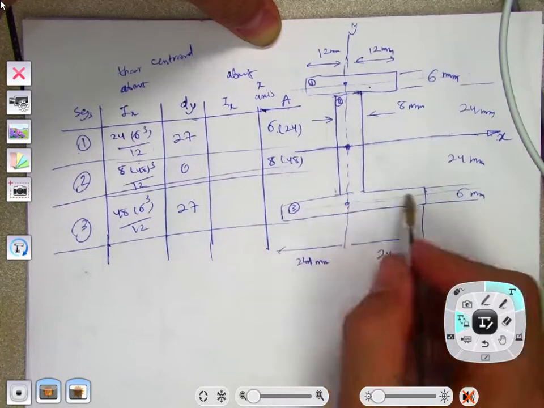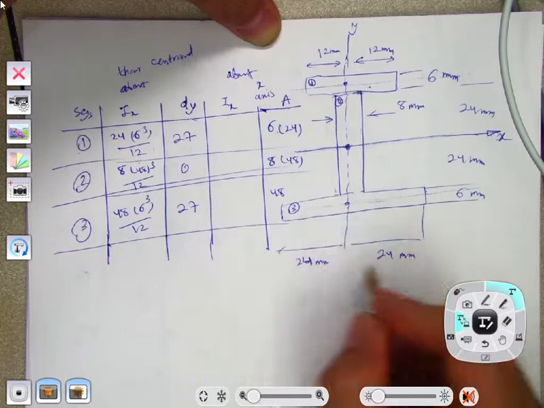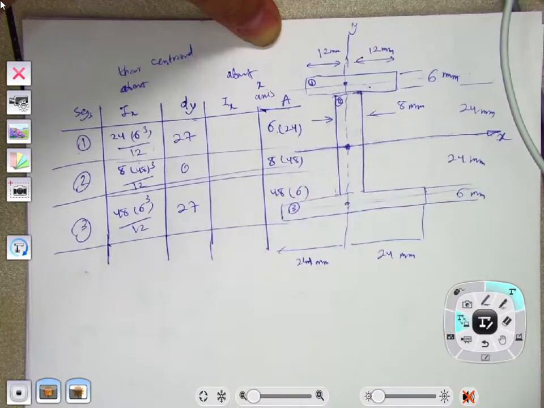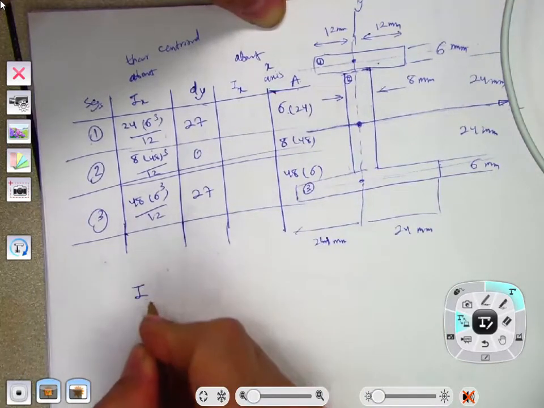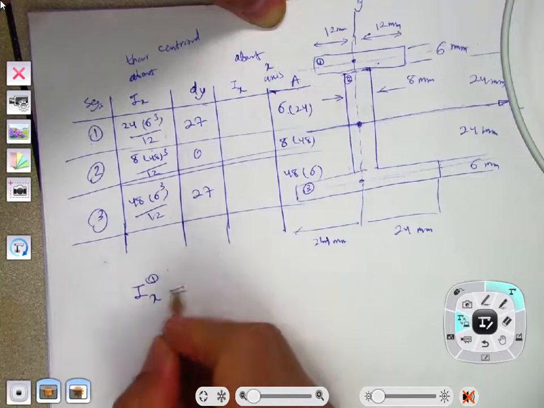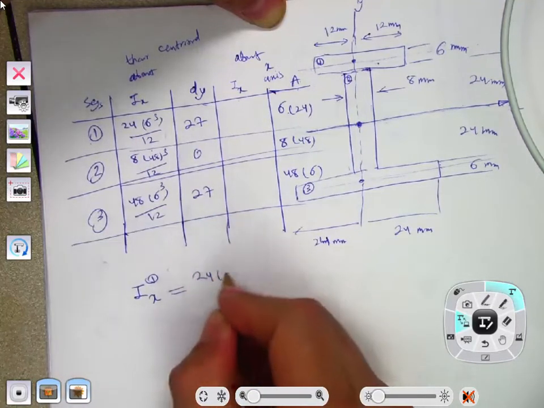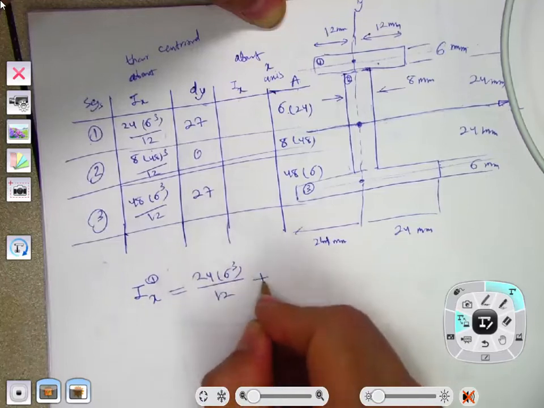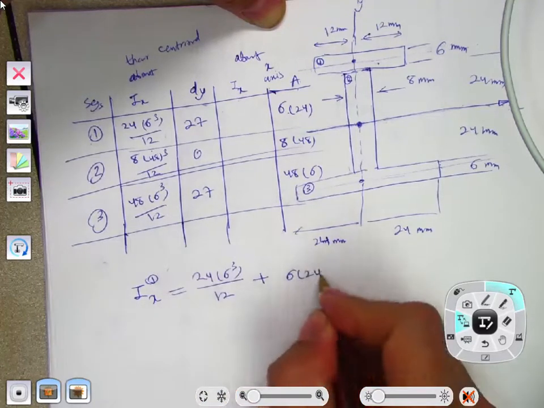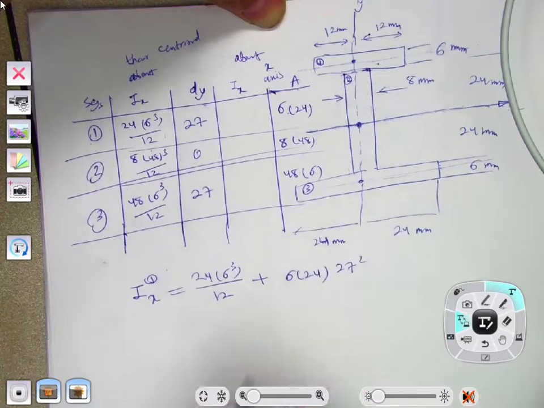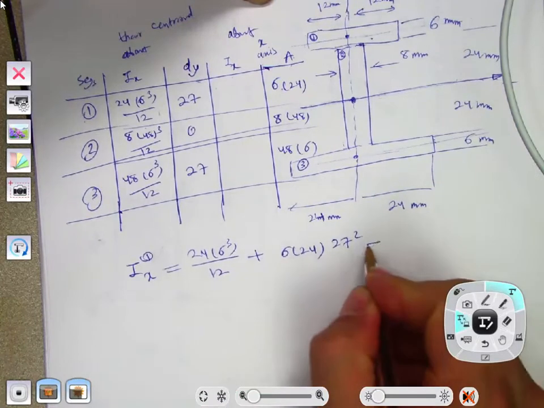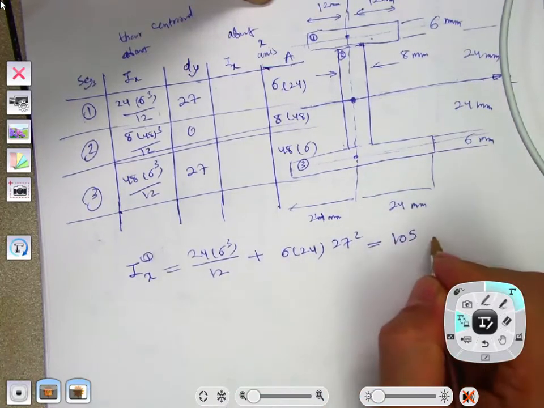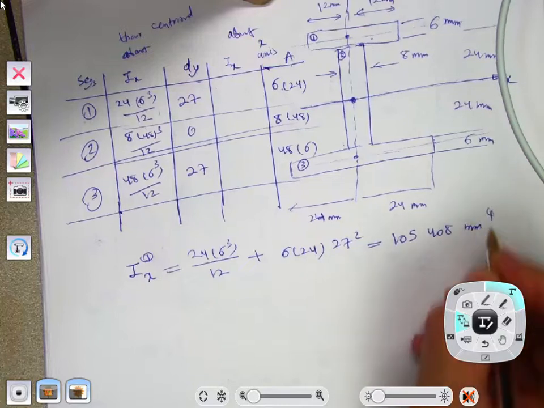And for this one it is going to be 48 times 6. Alright, so these are the areas. So Ix, let me write it here. Not much room here, but Ix for segment 1 is 24 times 6 cubed divided by 12 plus the area, 6 times 24, times 27 squared. So for segment 1, the entire moment of inertia is 105,408 millimeter to the 4.